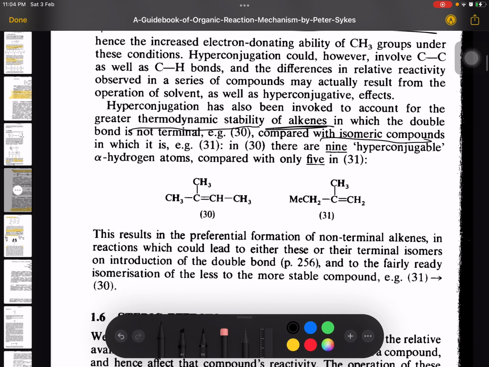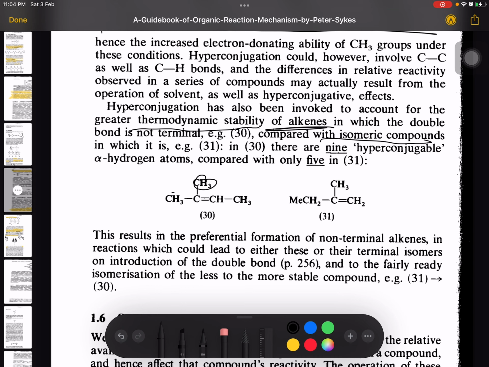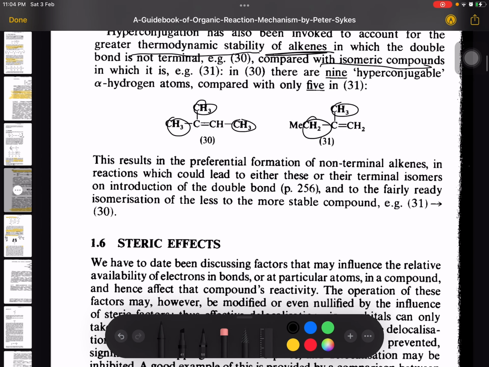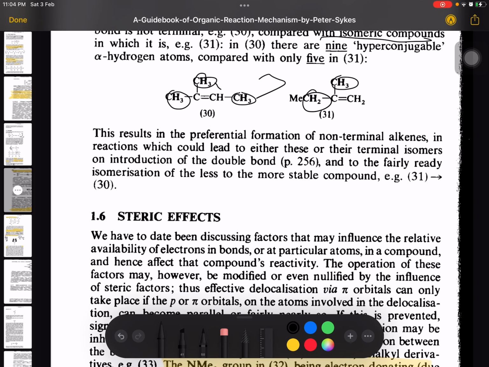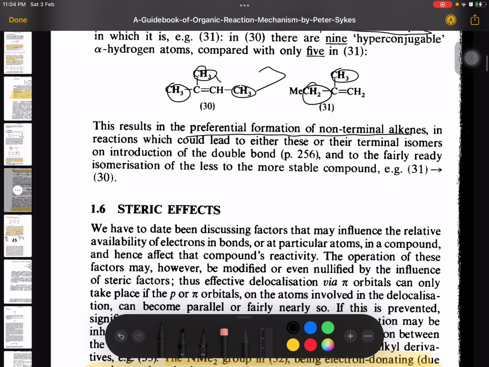You can see here, how many are there? 3, 6, 9. How many are there here? 3, 5. So 3 plus 2, 5. So this is more stable. This results in the preferential formation of non-terminal alkenes in reactions which could lead to either these or their terminal isomers, on the introduction of these double bonds.